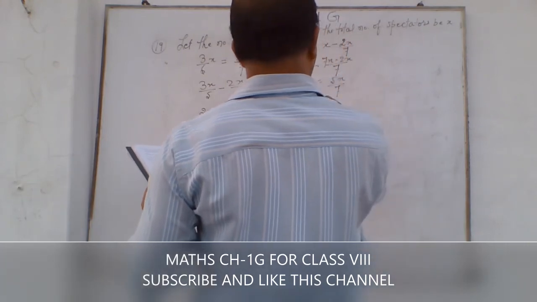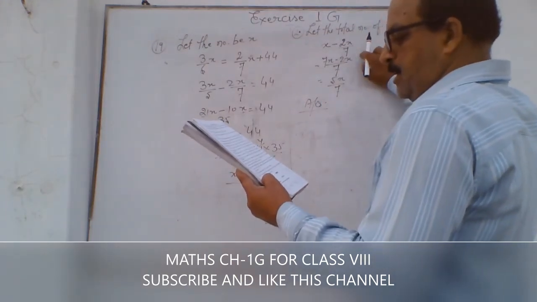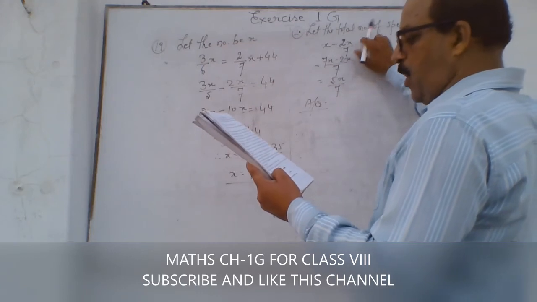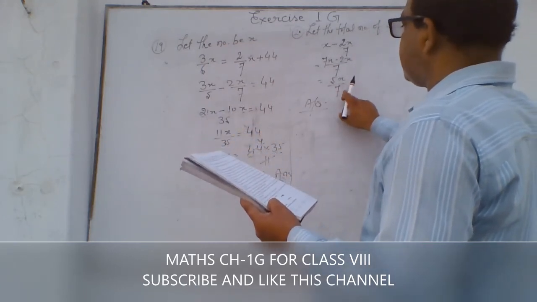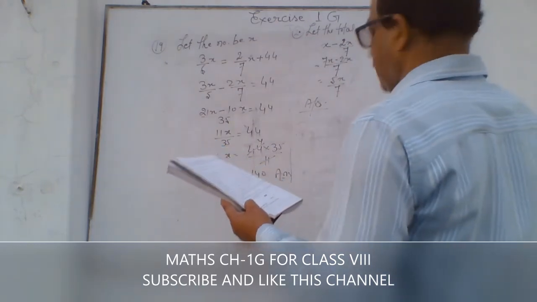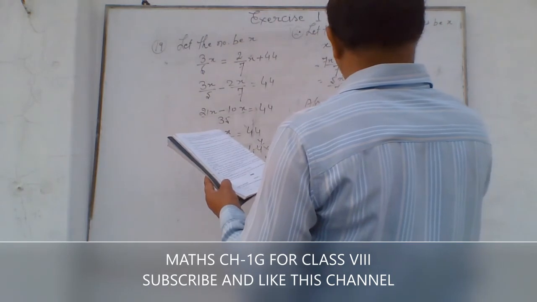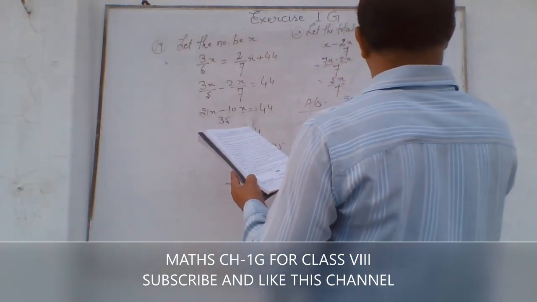According to the question, 2 by 7 part of the spectators is in the covered place, and 5x by 7 is in the open place. So 5x by 7 is equal to 15,000.